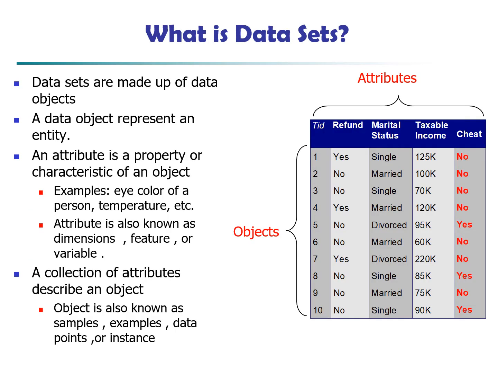So what is a dataset? A dataset is normally made up of data objects. Okay, so we call a data set a set of objects, and each data object is represented by an entity. So these are data objects.